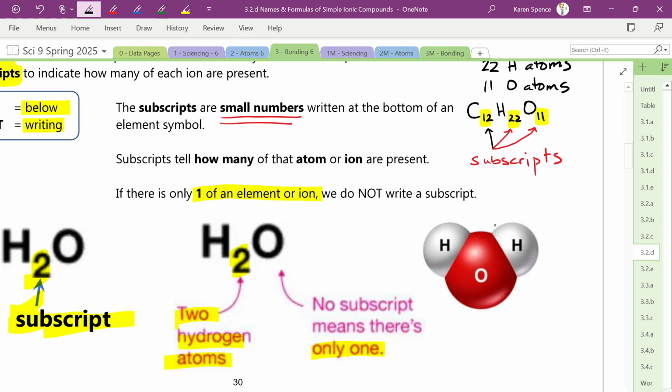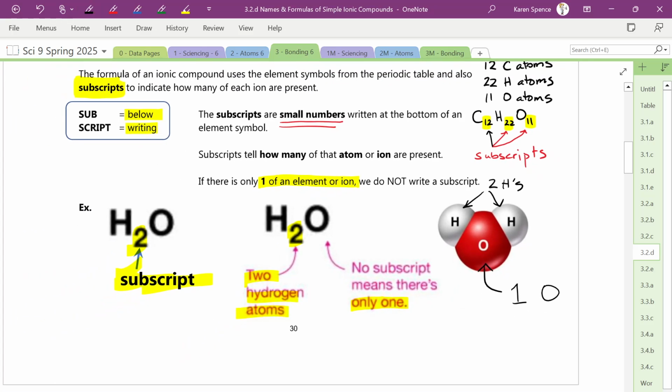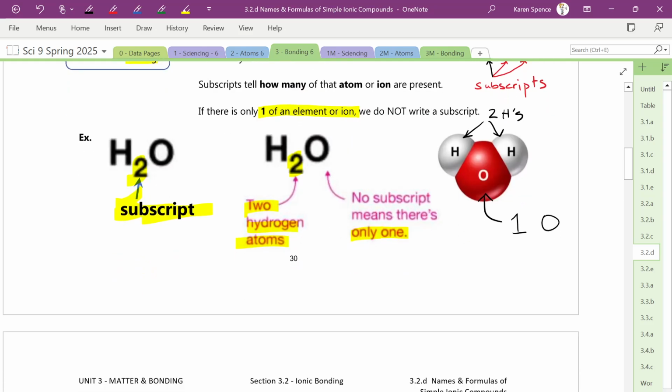So you can see how many hydrogens do we have? We have 2 hydrogens. And we have only 1 oxygen. I'm going to put that O further away from the 1 because it looks like a 10. Excuse me.